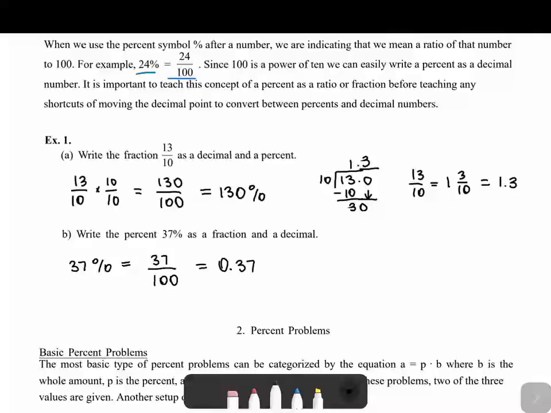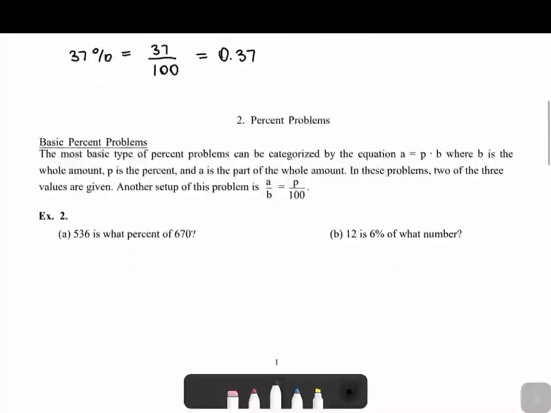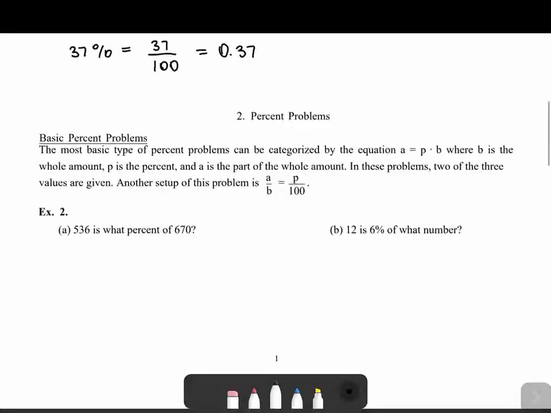Okay, so now the main part of this section is the applications, the percent problems. The first type of percent problem we're going to talk about is the basic percent problems. These problems use what is called the percent equation.